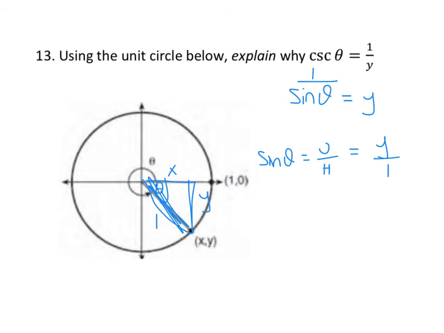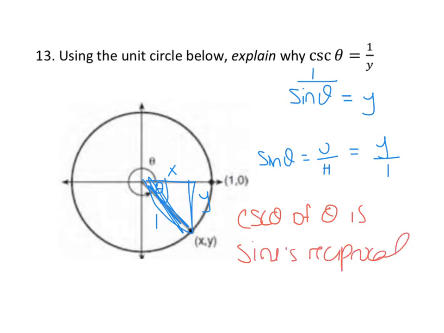So you'd say something like: cosecant of theta is sine's reciprocal, and sine is y because of SOHCAHTOA.